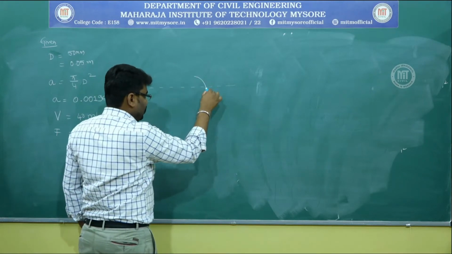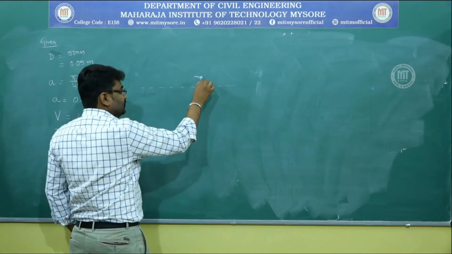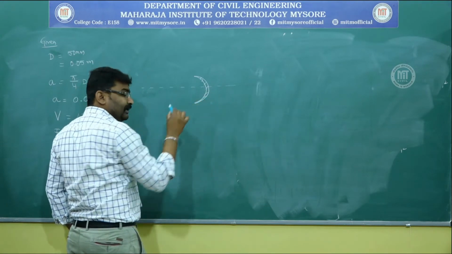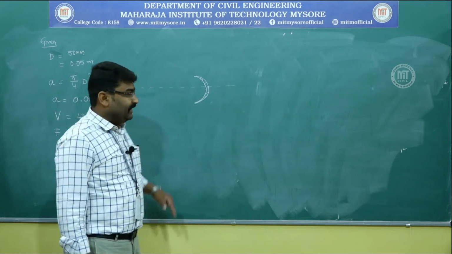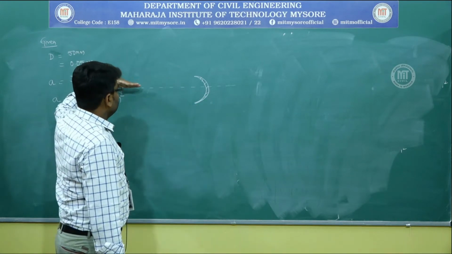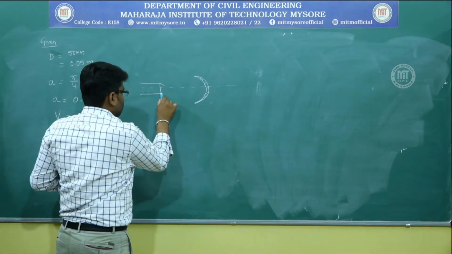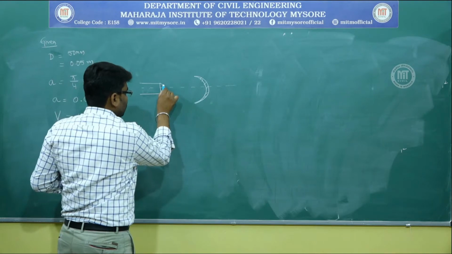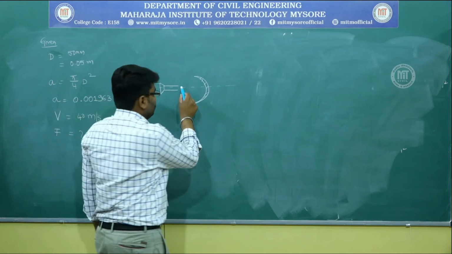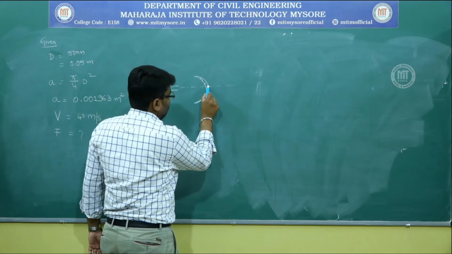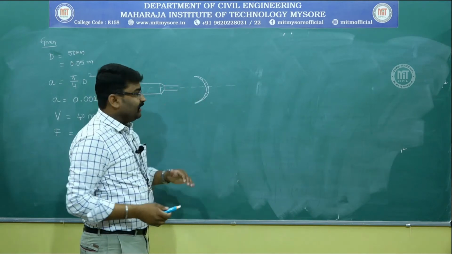I will draw a symmetrical curved vane, and from the data it is understood that the jet gets deflected by 120 degrees. Now let us assume that the pipe is placed here and you have a nozzle attached to it at the end, and you have a jet coming and striking the curved vane at the center, and from here the jet gets deflected by 120 degrees.